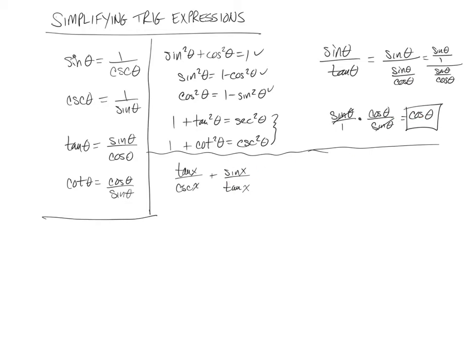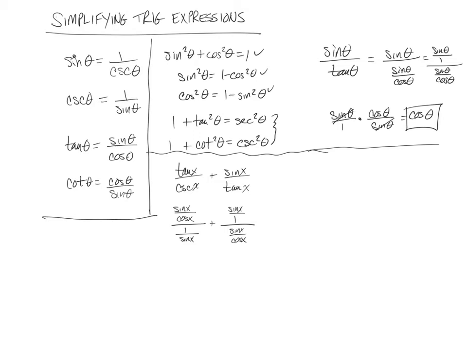We realize that's going to go into cosine. So the question becomes, what are we going to have here? Well, let's take a look at what happens with tangent and cosecant. We have sine over cosine, replacing the tangent, and cosecant is 1 over the sine.